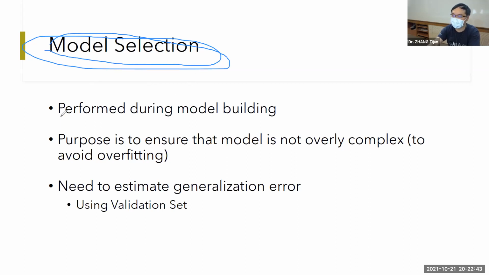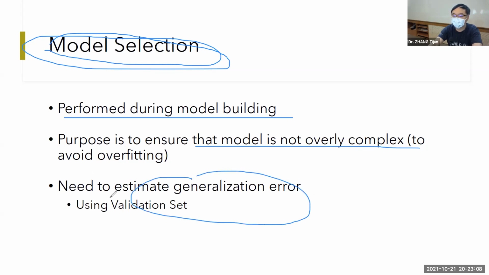So this model selection is typically performed during the model building. Okay. And also, such model selection is utilized to ensure that the model is not overly complex to avoid overfitting. And such selection usually needs generalization error, but sometimes we can also use a validation data set.